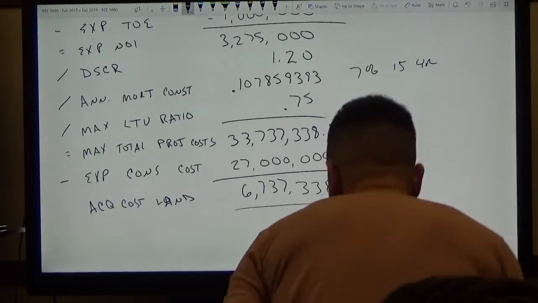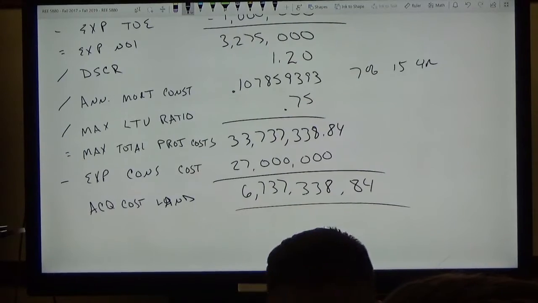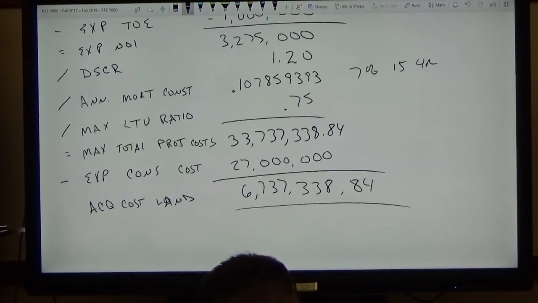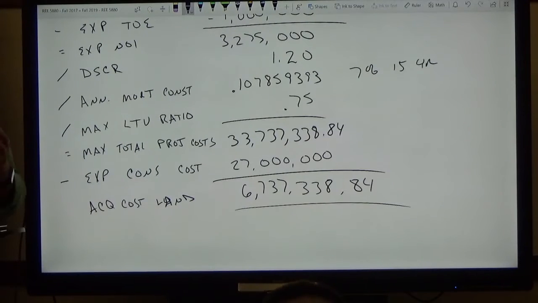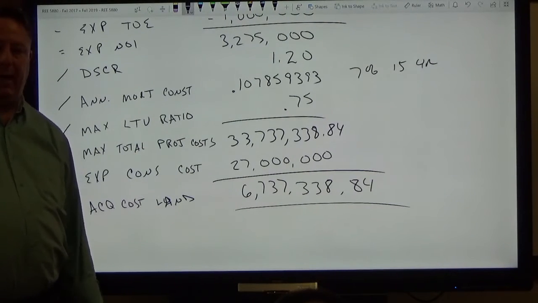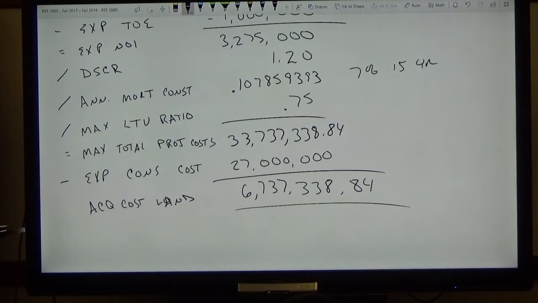Somebody got divorced, somebody died, somebody lost their job, some horrible circumstance that lets you take possession of that property because of their situation. And you're potentially buying it at below replacement cost.